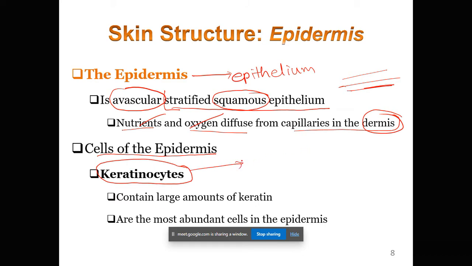Because they contain a fibrous protein called keratin. The majority of their cytoplasm is filled with keratin. That's why they are called keratinocytes. They contain large amounts of the protein keratin, and they are the most abundant cells in the epidermis. Most abundant means the number of keratinocytes is maximum, many cells of type keratinocyte are present in the epidermis.